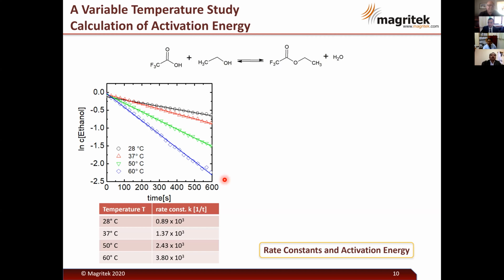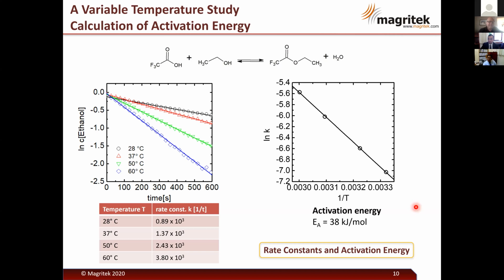Then the natural log of the rate constants are plotted against the inverse of the reaction temperature in the Arrhenius plot to calculate the activation energy of the reaction. So the ability to monitor the reaction at different temperatures allows for the calculation of these kinetic parameters.